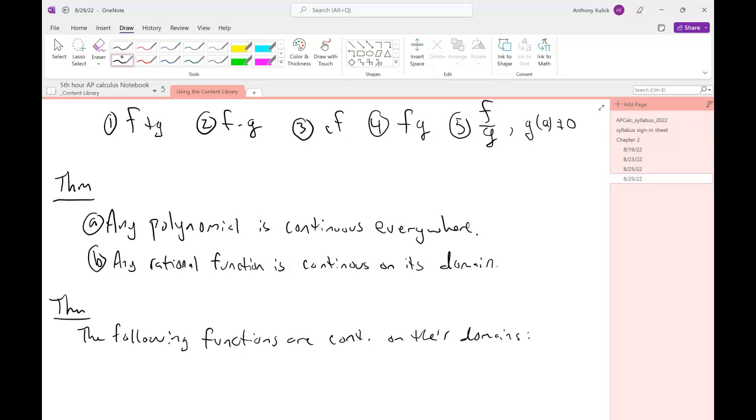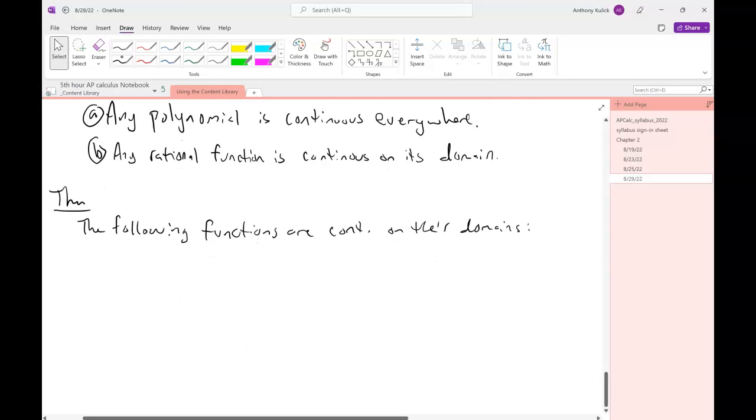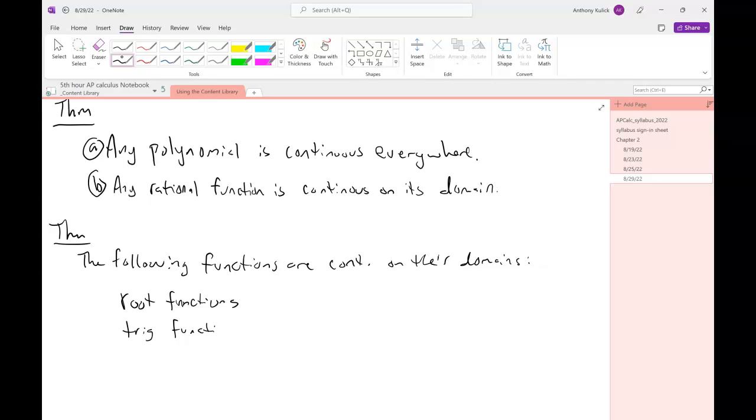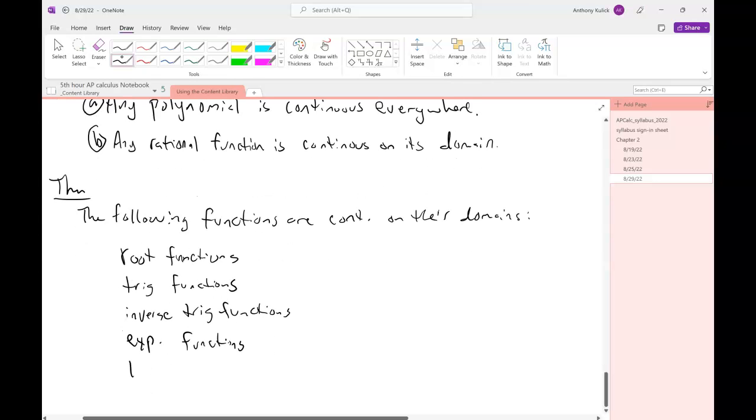These functions are also continuous on their domains. We have polynomials, rational functions, root functions like square root and cube root, trig functions, inverse trig functions, exponential functions, and logarithmic functions.